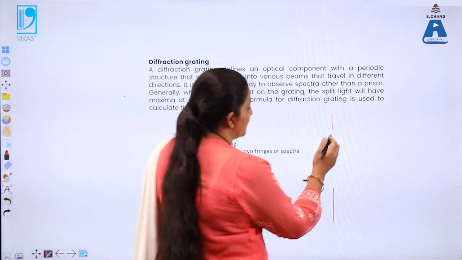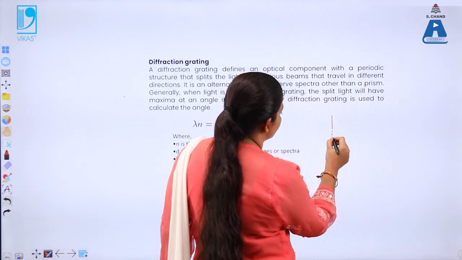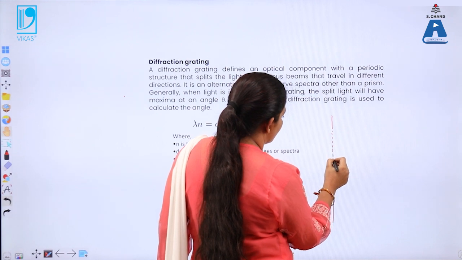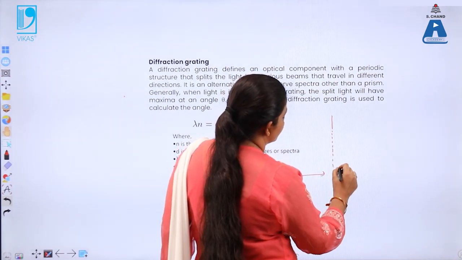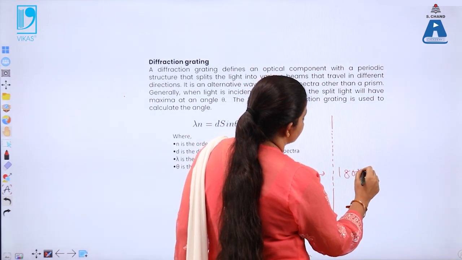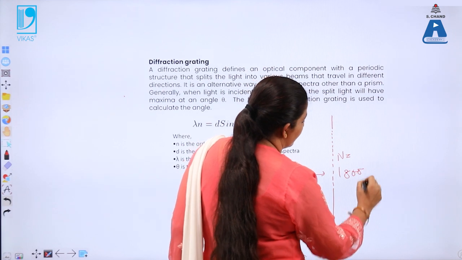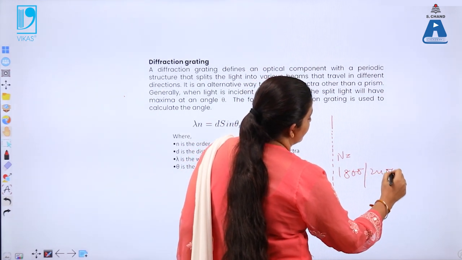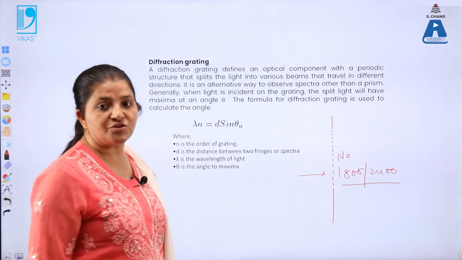For the diffraction grating, this single slit is divided into a large number of parts. In most cases the number of parts n is taken to be 1800 or 2400. This type of pattern is called a diffraction grating.